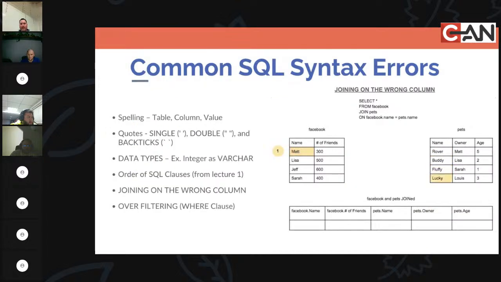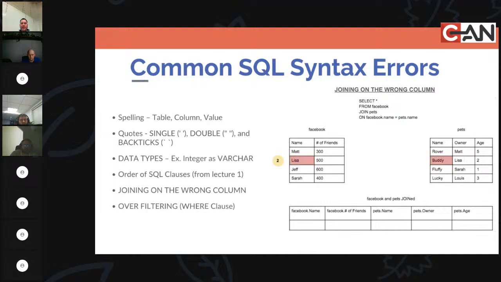So, common SQL syntax errors. If we were watching Marcus last time when he was sharing his screen, it was little stuff. Small things: incorrect table name, column name, value, like the way we have world.country. Did you capitalize the C?